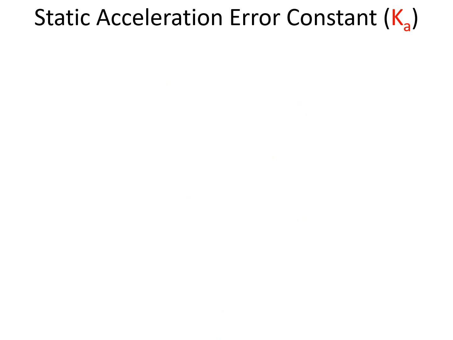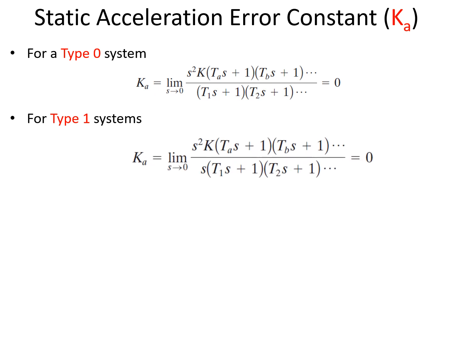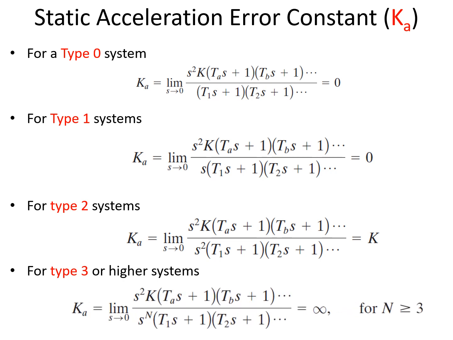Now coming to the value of Ka: for a type 0 system, Ka is 0 by applying the limit, and for a type 1 system it is also 0. For a type 2 system you are going to get a finite value for Ka, equal to K, and for a higher order system it becomes infinity.